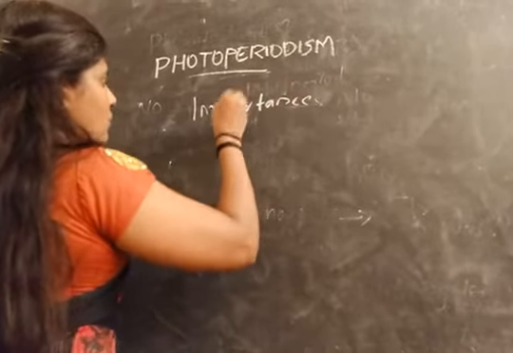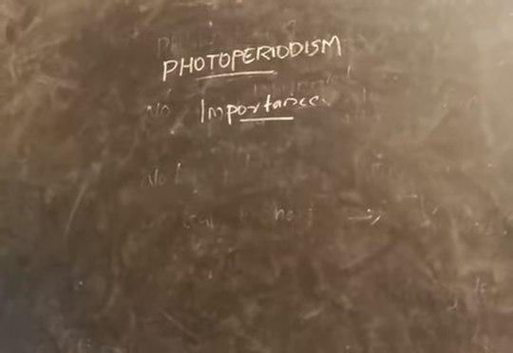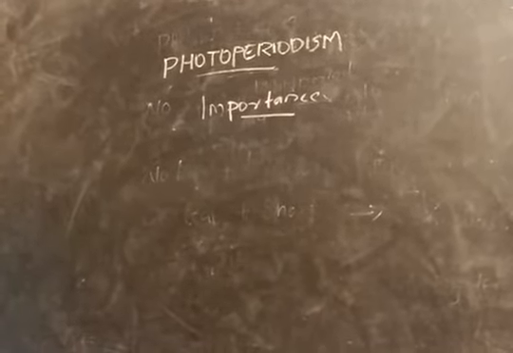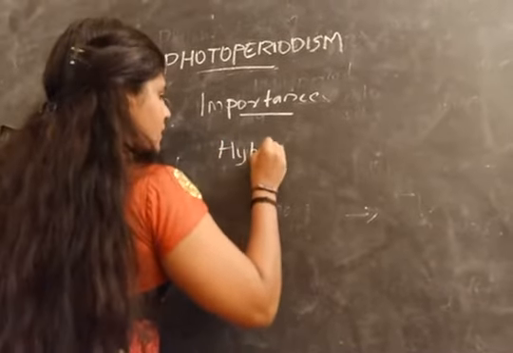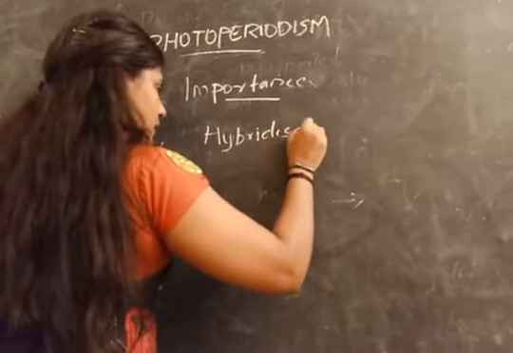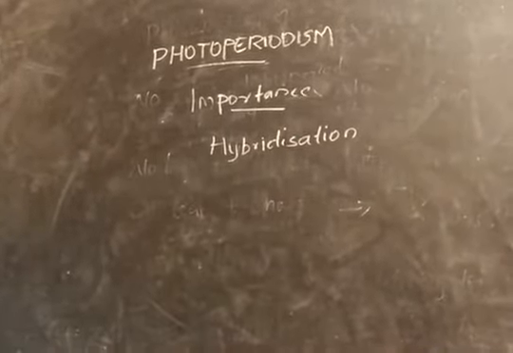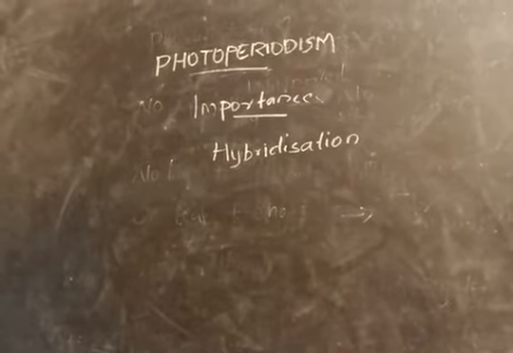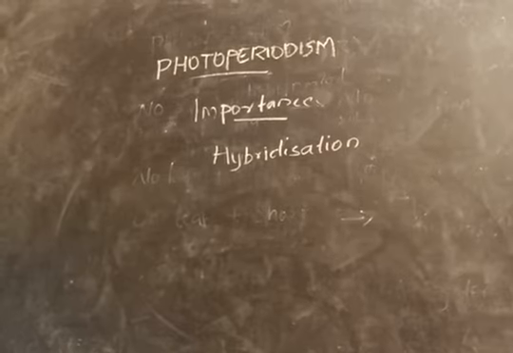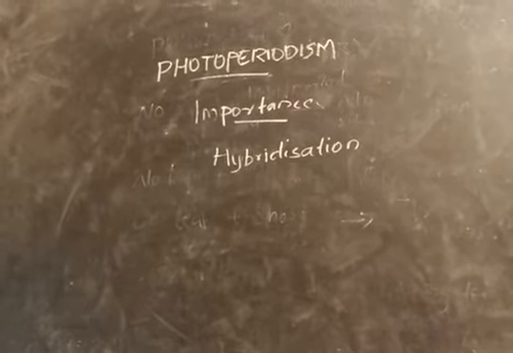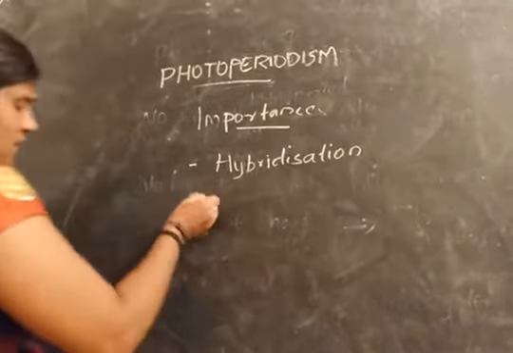Importance is when we know about the photoperiodism of a particular plant, it helps in the hybridization experiment of that particular plant. It is also an excellent example that, using external factors, physiological changes happen in the plants.